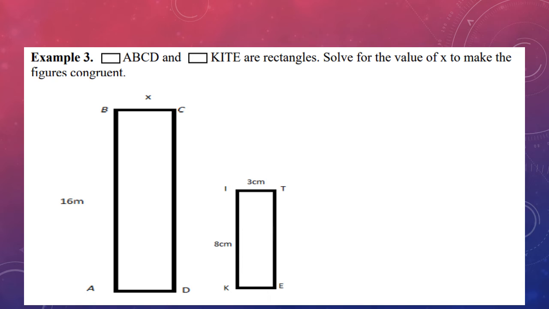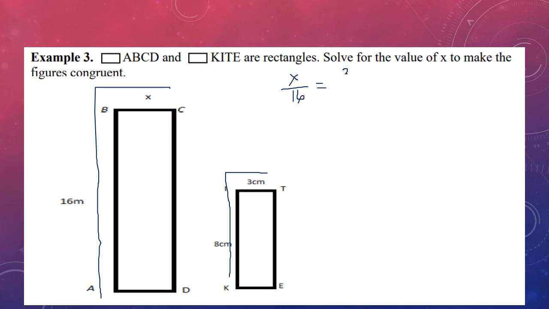You're going to start from PC, then AB. What is the pattern? Then the pattern of the first ratio is x over 16. Then equals the second one, here you start with 3, then proceed to 8. Whatever the pattern of the first, follow it for the second. So that is 3 over 8.